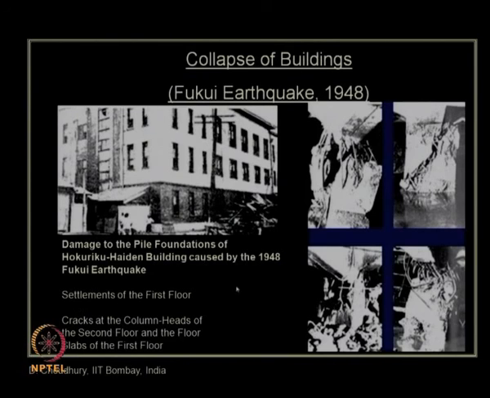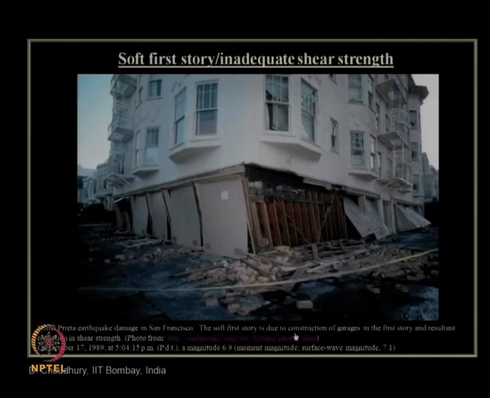Settlement of the first floor occurs, so the entire first floor settled and became the ground floor. You can see cracks at the column heads, the column heads of the second floor and the floor slabs of the first floor. That is the huge damage that occurred during this Fukui earthquake.